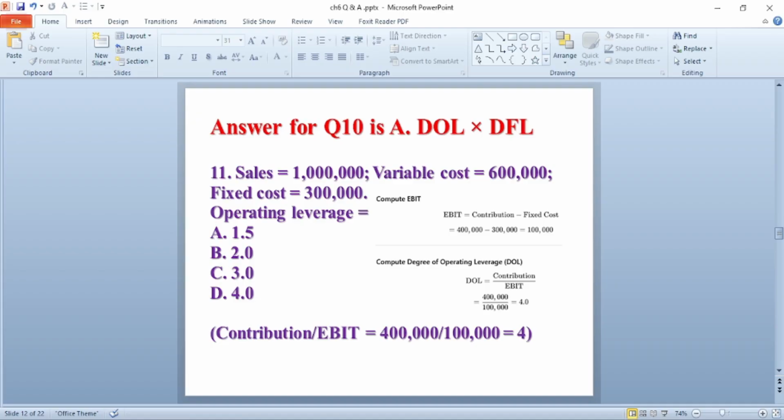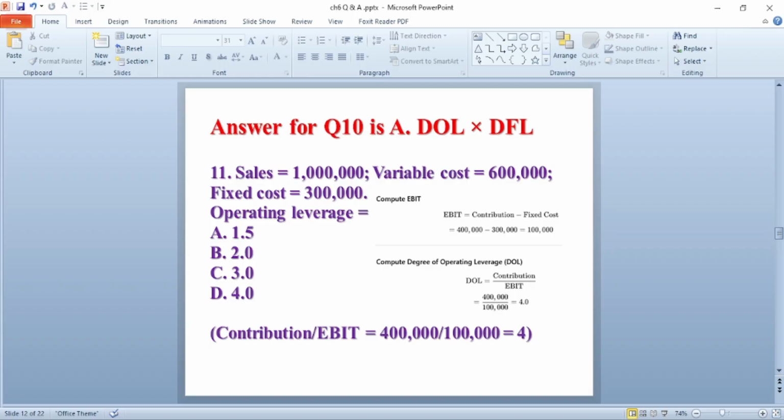To calculate degree of operating leverage, which is equal to contribution over earning before interest and tax, we have to know first contribution and earning before interest and tax. The contribution is equal to sales minus variable cost. Sales is 1 million, variable cost is 600,000, so the result will be 400,000.